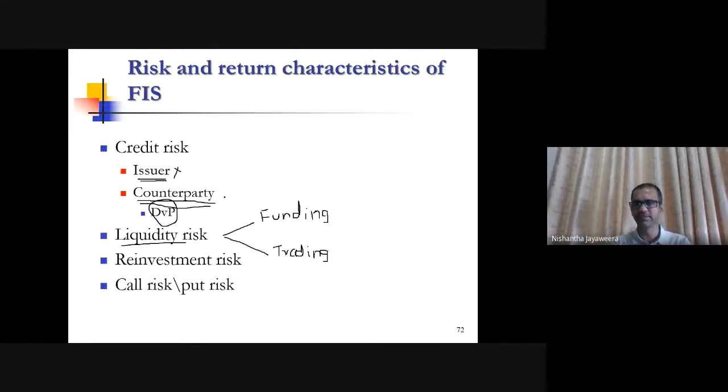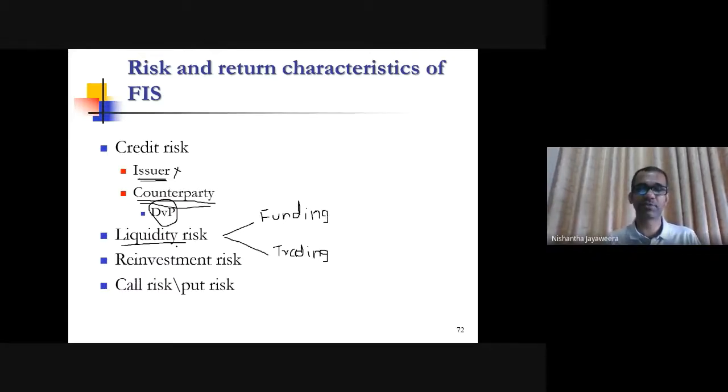So when you make investments in whatever the asset, especially here we are discussing fixed income securities, when you buy a security, you forego your liquidity because you give your cash to the borrower for a longer period, and you get a security. So you forego your liquidity. Therefore, in future, you may face a liquidity risk.